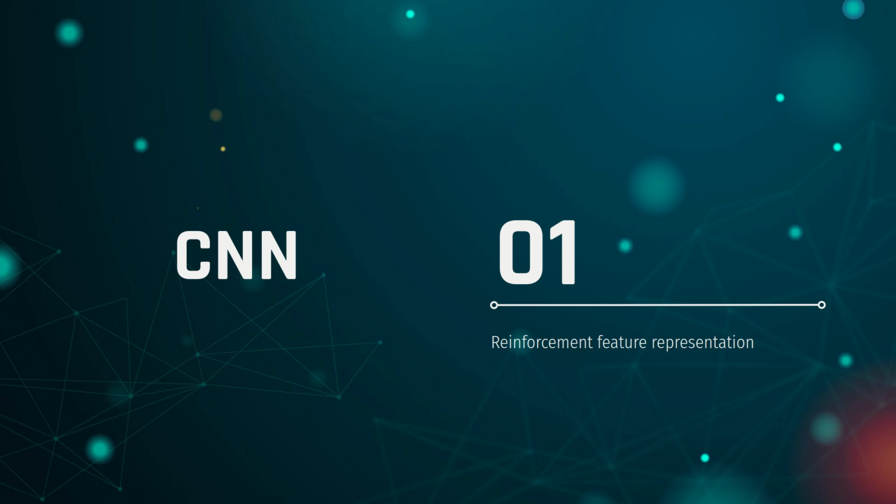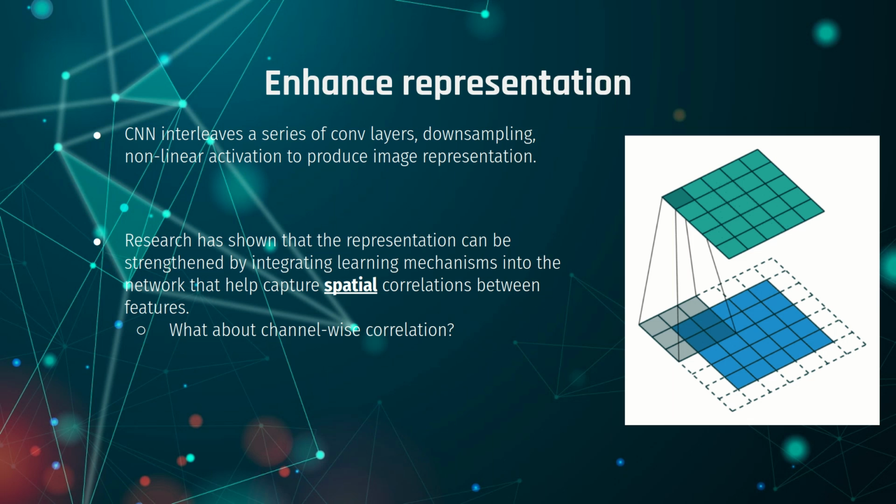So we first go back to the original convolutional neural network, and think about how we can reinforce the feature representation, because that's essentially what we want to do: make sure our convolutional neural network can really learn the features from the task we want to perform.